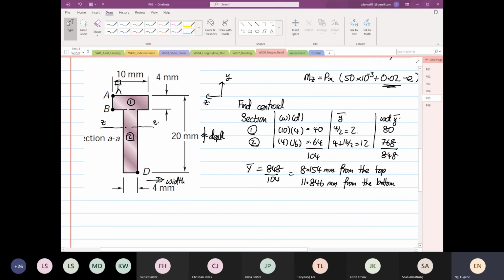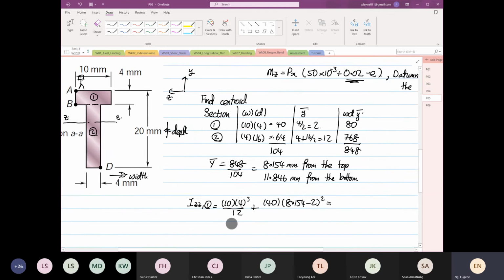Then you find Izz1. So 10 times 4 to the power 3 divided by 12, plus 40 times (8.154 minus 2) squared.